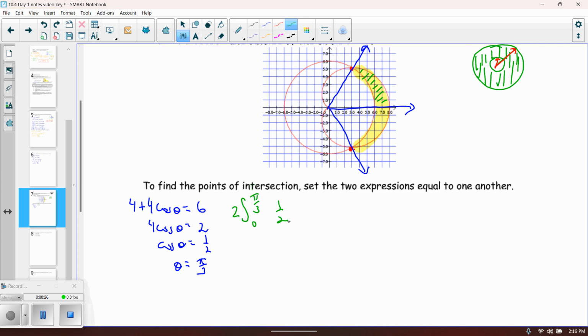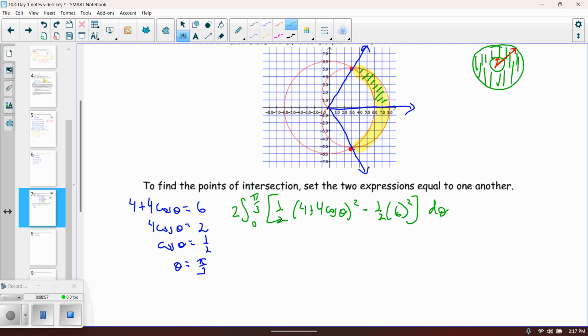It's basically pi r squared minus pi r squared like we did before, so it's the same idea. This is 1/2 r squared minus 1/2 r squared. The outer one, which was the cardioid, and you can see that visually, is 1/2 of (4 plus 4 cosine theta) squared minus 1/2 of 6 squared d theta.